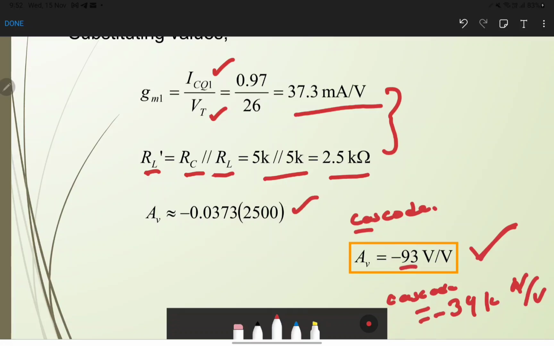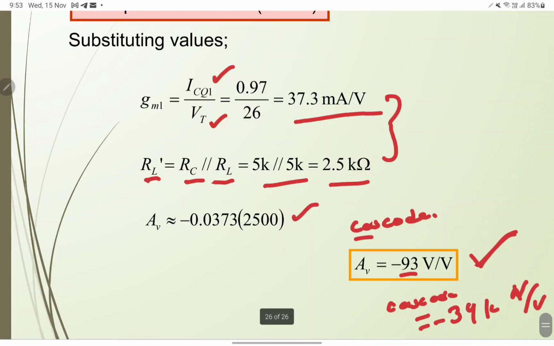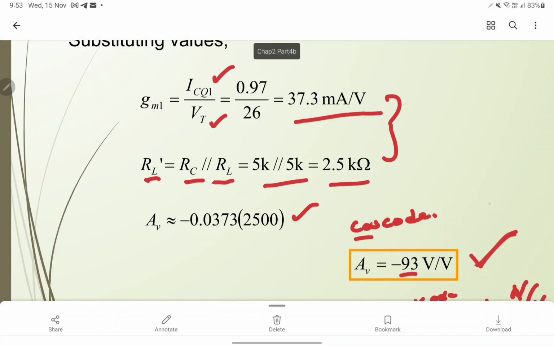So this proves that the Cascode circuit only produces more voltage gain. Okay, that's all for this chapter. Okay, and then next I will post another video for the Darlington pair connection. Okay guys, thank you. Assalamualaikum.